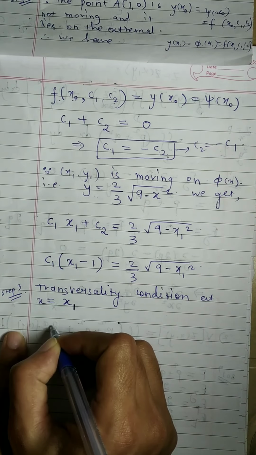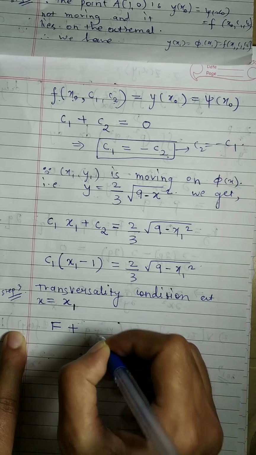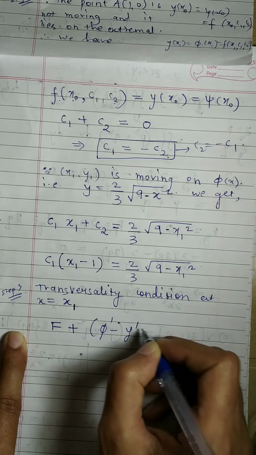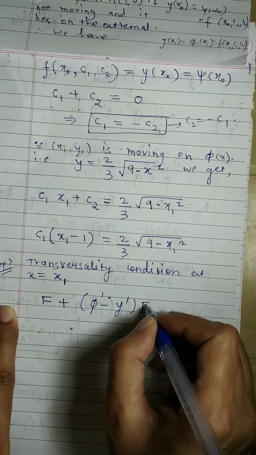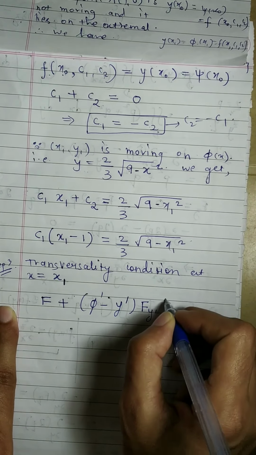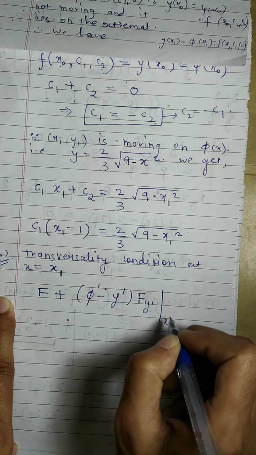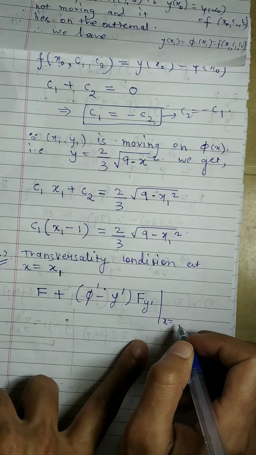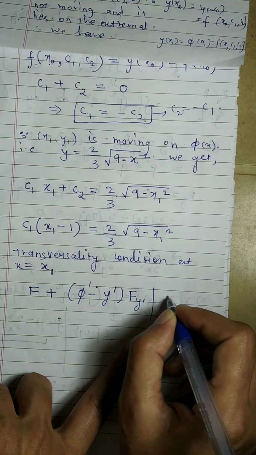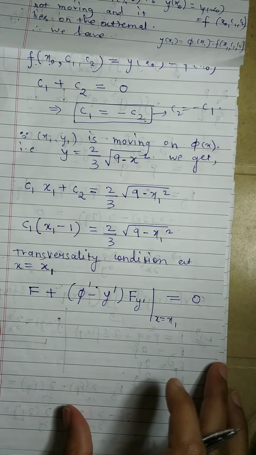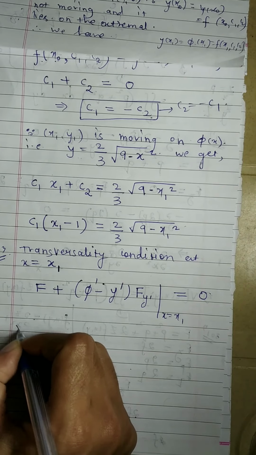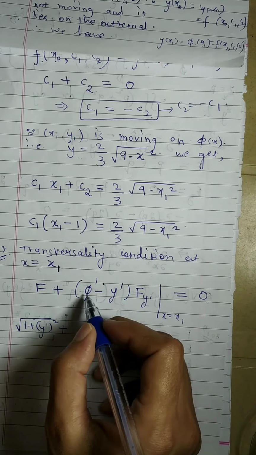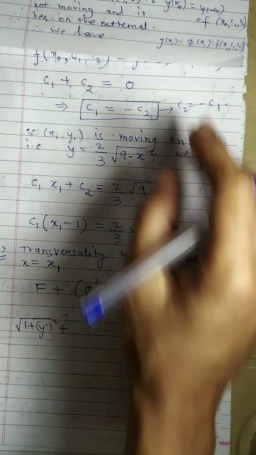So the transversality condition is given by capital F plus phi dash minus y dash into capital F at y dash, differentiating F with respect to y dash and evaluating this expression at the point x equal to x1, equal to 0. Okay, so F is root of 1 plus y dash square, plus phi dash.